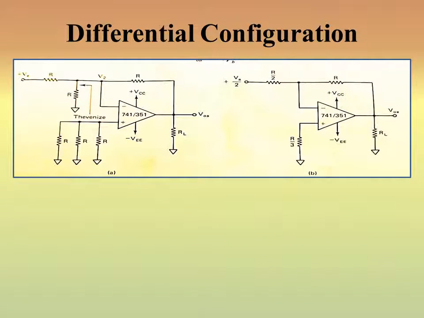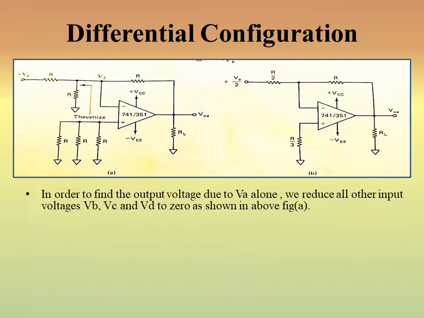So now the figure that we had made in the previous slide, we have redrawn this circuit and we have used the Thevenin theorem in order to simplify the circuit. In order to find the output voltage due to VA alone, we are trying to calculate the output voltage when only VA is applied.